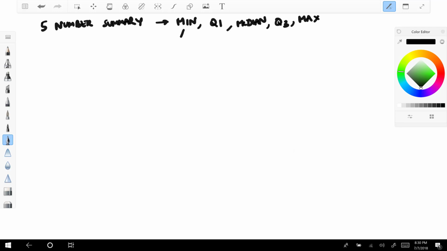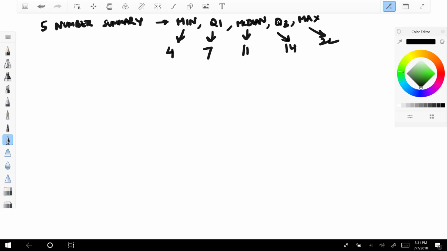So our minimum in our problem was 4, quartile 1 was 7, median was 11, and then quartile 3 is 14, maximum was 22.